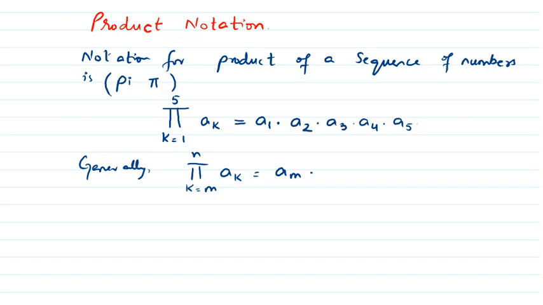Dot, what will be the very next term? देखिए ना, m कोई भी integer value होगी definitely, और उसकी upper limit n जो है वो भी definitely integer होगा. So the very next term is going to be m plus 1. Definitely वो m plus 0.5 या कुछ और नहीं हो सकता. Similarly, the very next term is going to be m plus 2, and so on. It is going to end at a of n.